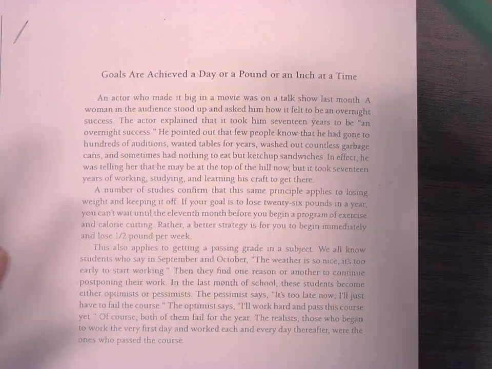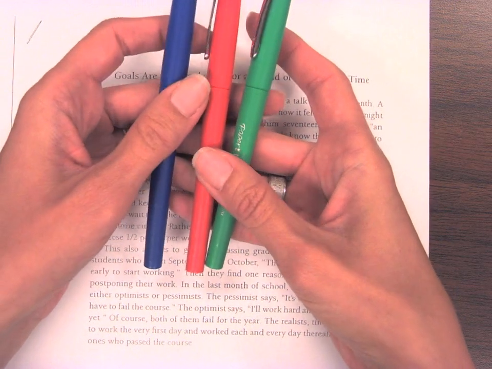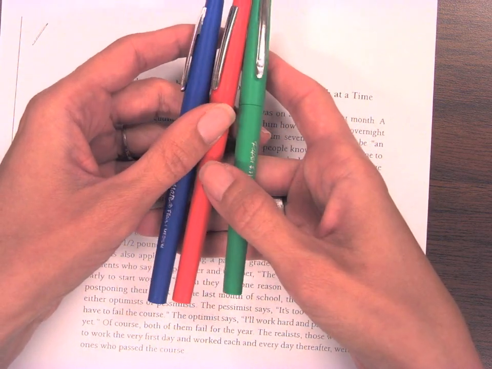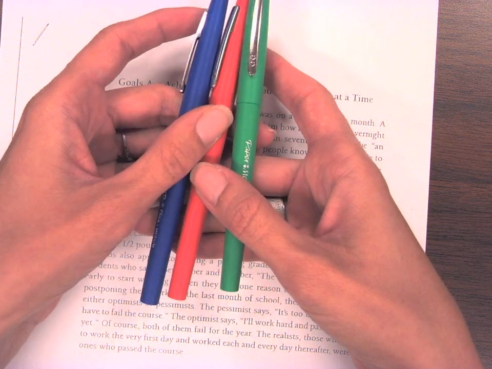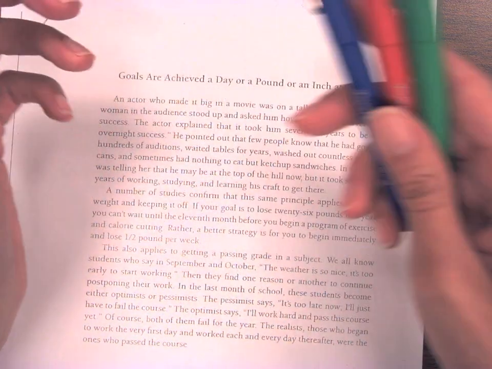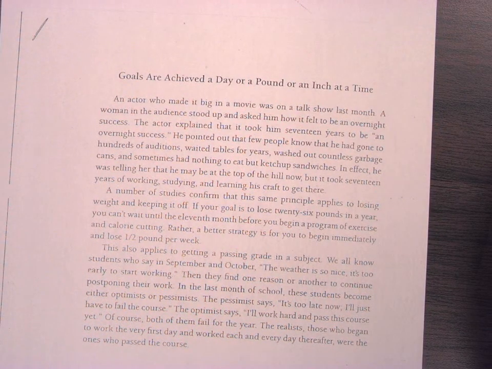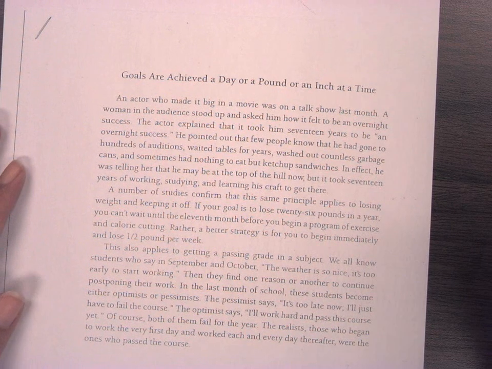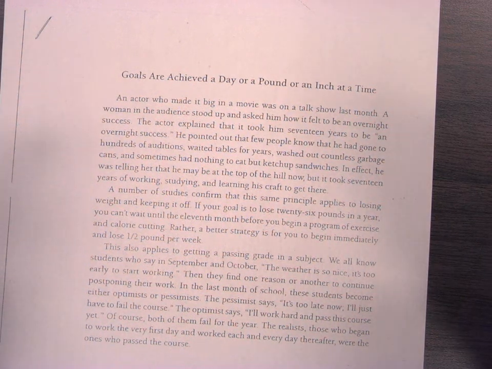And then you are also going to need, well, you don't really need the colored pens right now because you're not actually in class, but when we are in class you will need a blue, red, and green pen. For right now you will have to color code your writing using Google Docs, so just make sure you go back and select your text and change the color. Okay, and we'll get into that as we go through this.